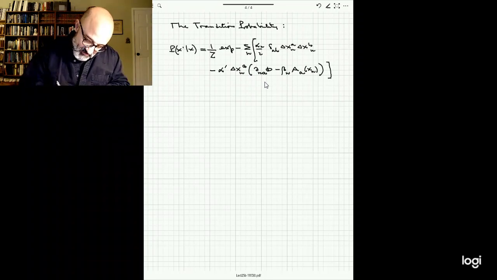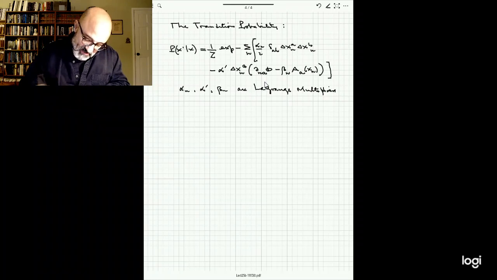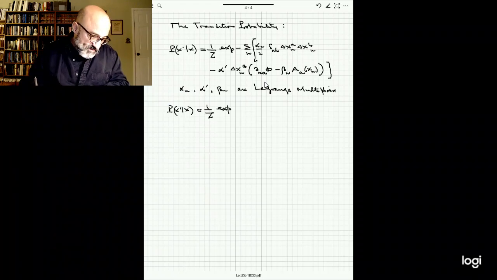So here, the alpha n, alpha prime, beta n are Lagrange multipliers. And now I'm going to complete the square and write this probability distribution in a somewhat simpler way.